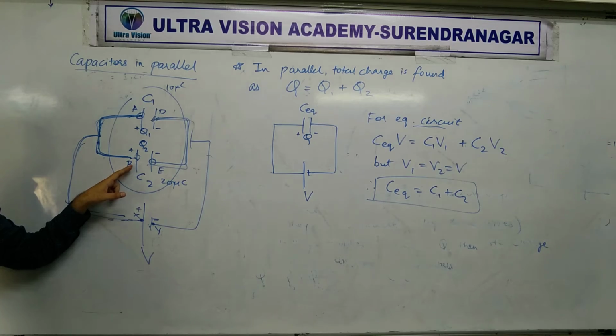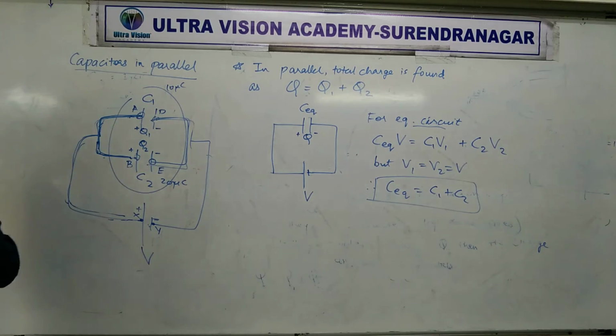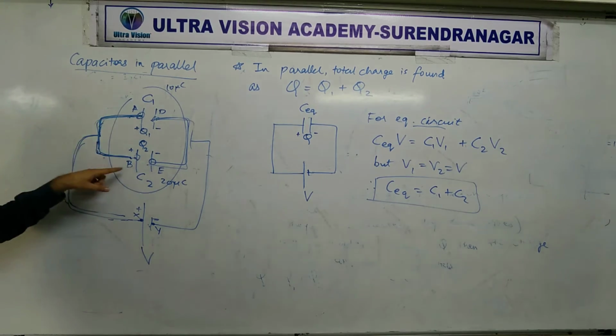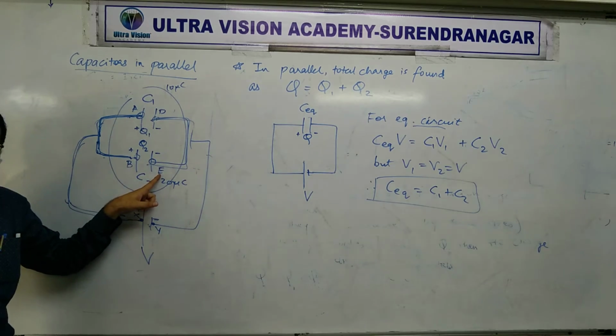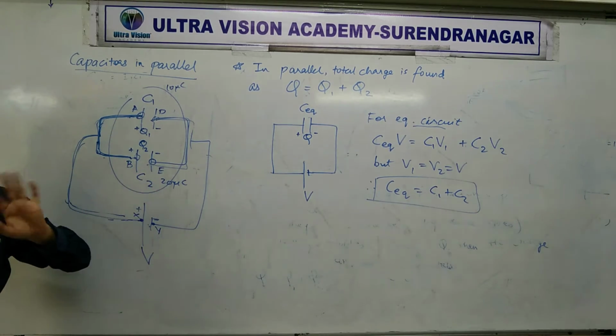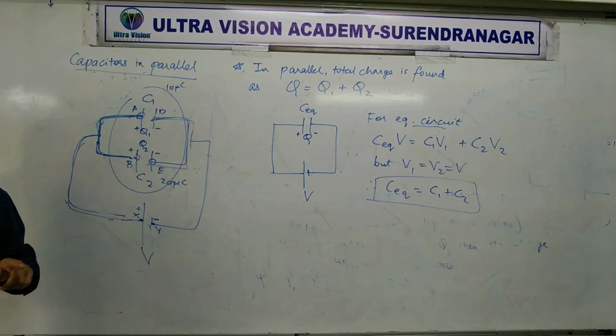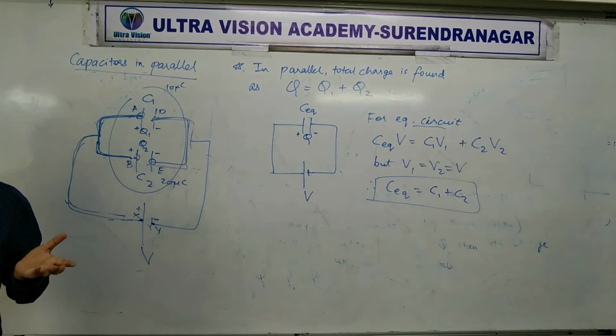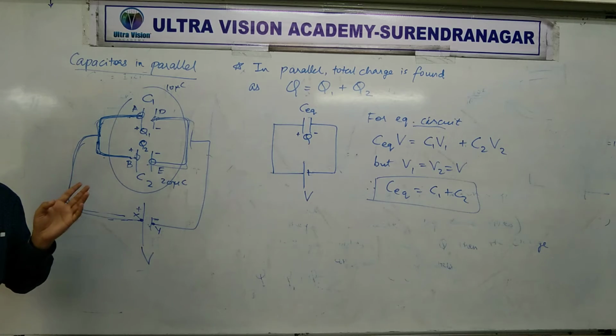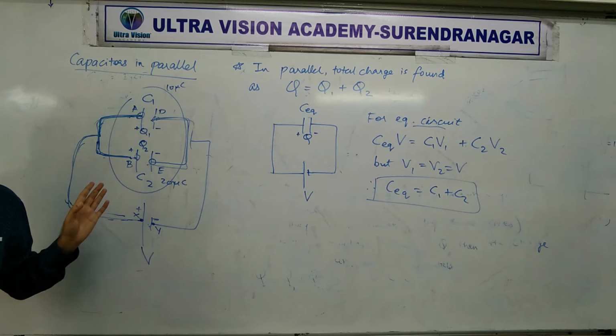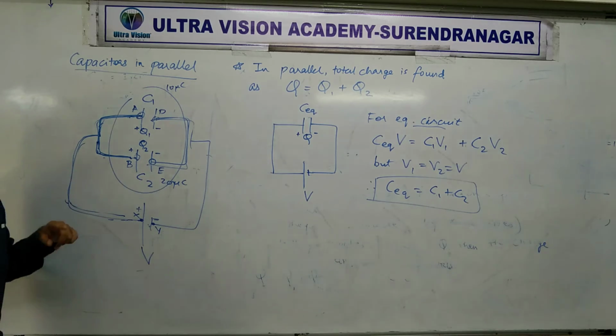Yes, and not just one side, from here to here and from here to here, both. Then parallel, otherwise not parallel. If it's not parallel, that does not mean they are in series, because there is a third possibility.